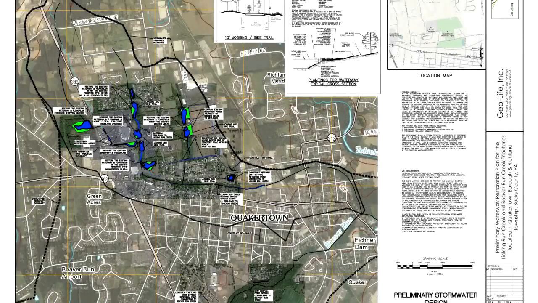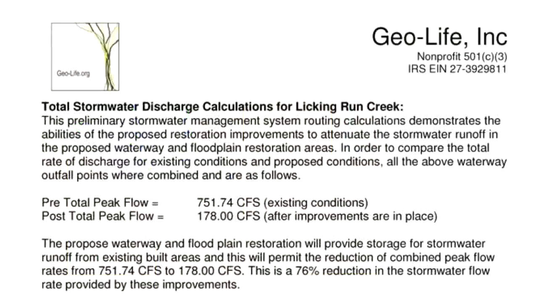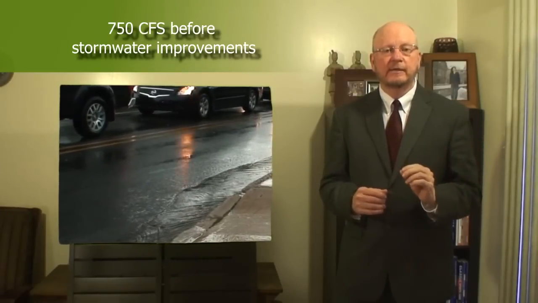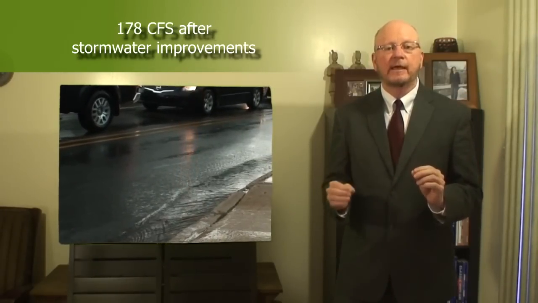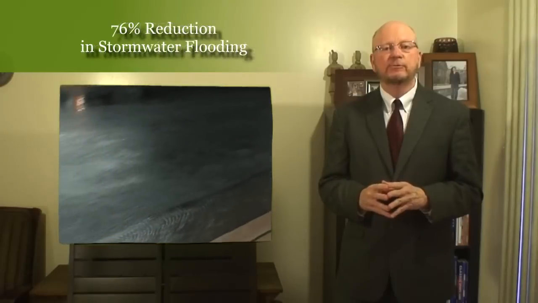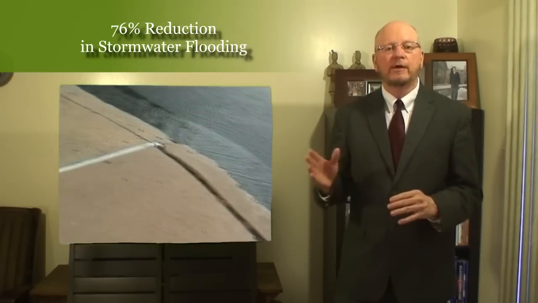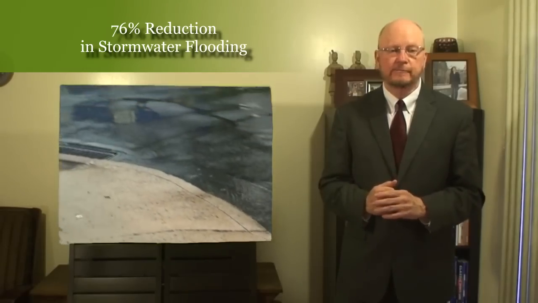After all the improvements are constructed, the total peak flow will be reduced to 178 cubic feet per second. That's down from 750 cubic feet per second to 178. And that is a 76% reduction of stormwater runoff that used to cause flooding of downstream properties.